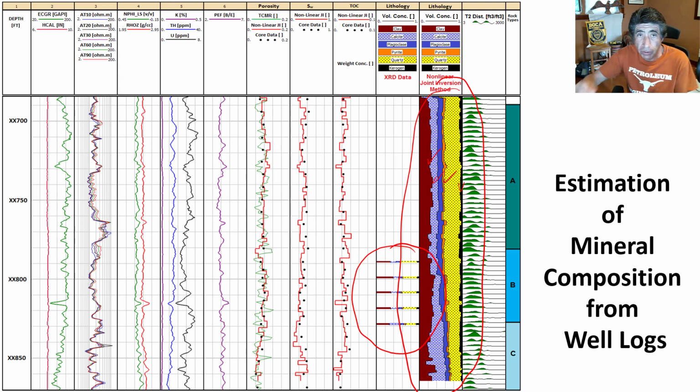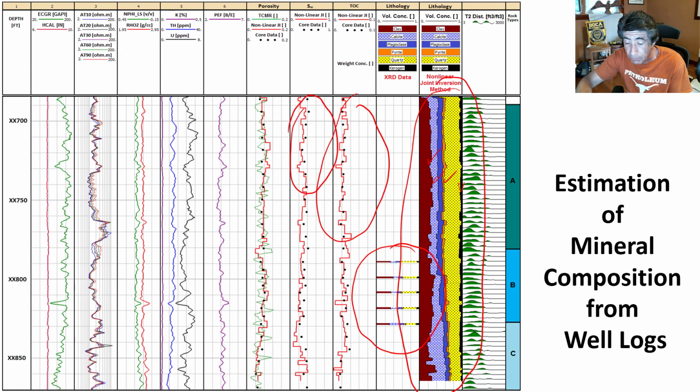In addition, we also have core measurements of porosity, water saturation, and total organic carbon. And we can also have core measurements of proportions of minerals to support the estimation. All of this needs to be done from well logs so we understand the composition of the rock depth by depth.